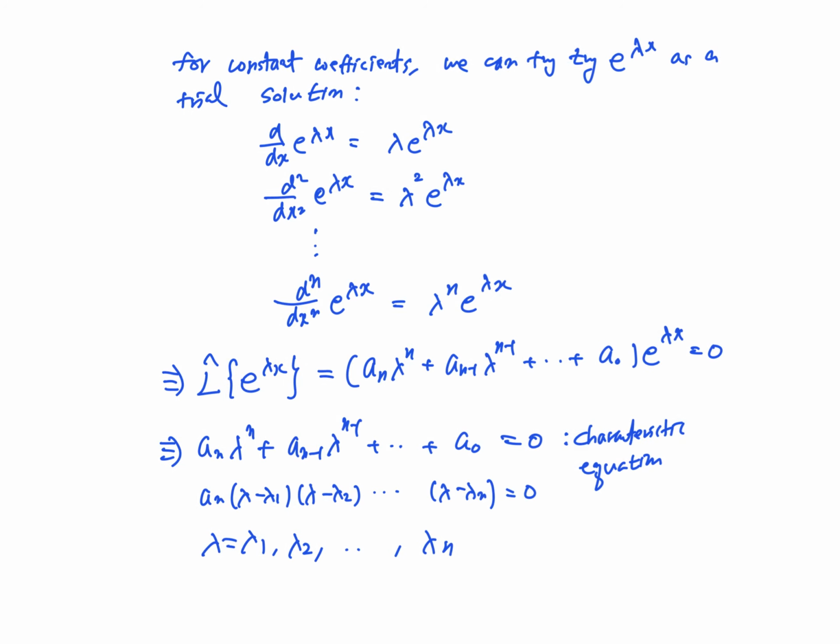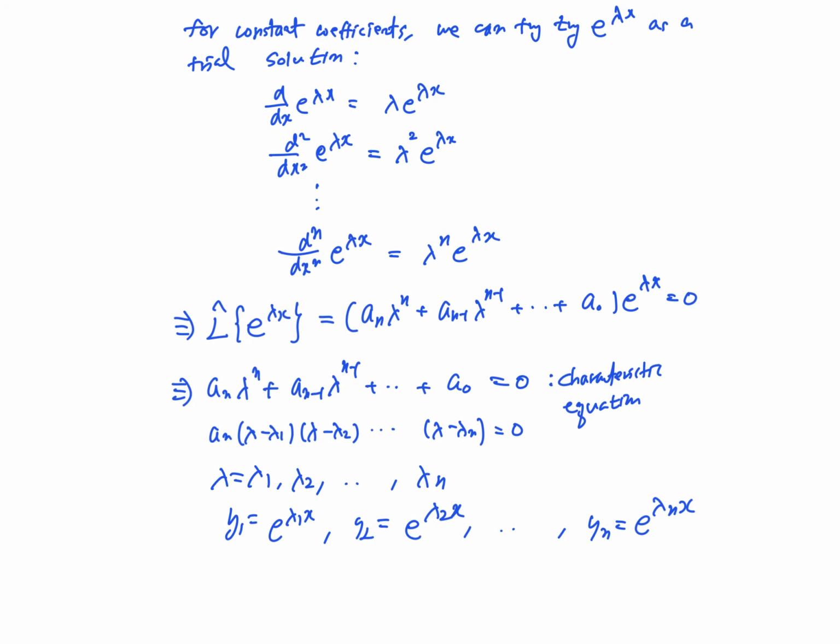So we have the following solutions: y1 exponential lambda 1x, y2 exponential lambda 2x, ..., yn exponential lambda nx. Let's consider the case first when all roots are different.